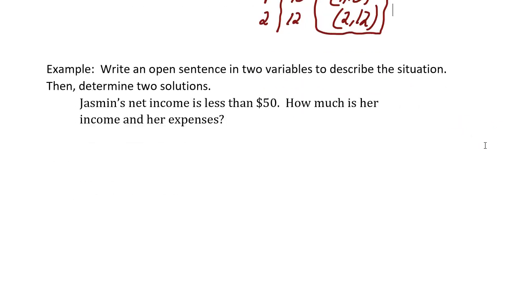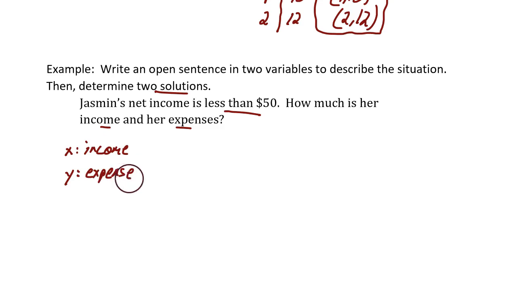Next example. Write an open sentence in 2 variables to describe the situation and then determine 2 solutions. Jasmine's net income is less than $50. How much is her income and her expenses? We're asked to find income and expenses, so let's use 2 variables. The letter X, let's make be income. And the letter Y, let's make that one be expenses.